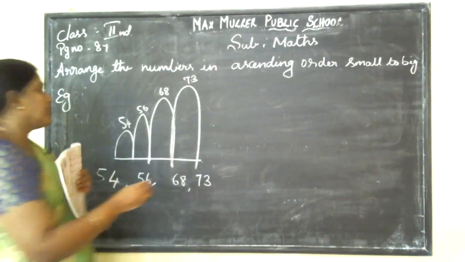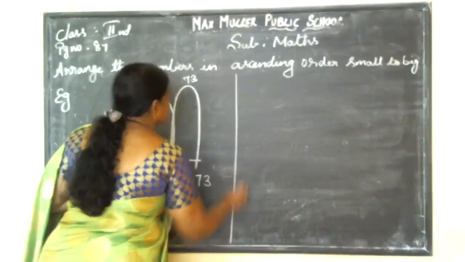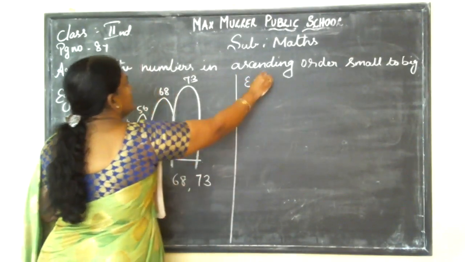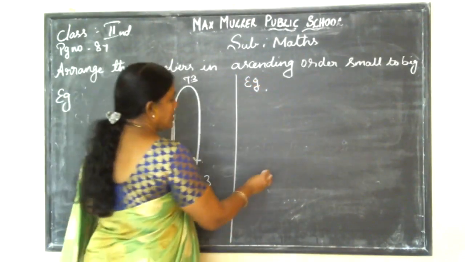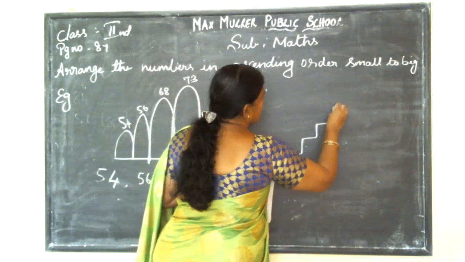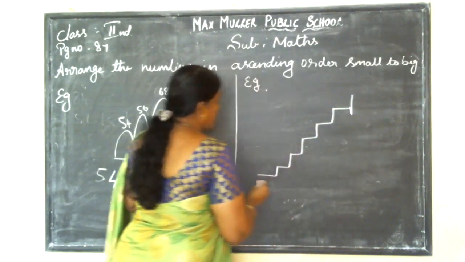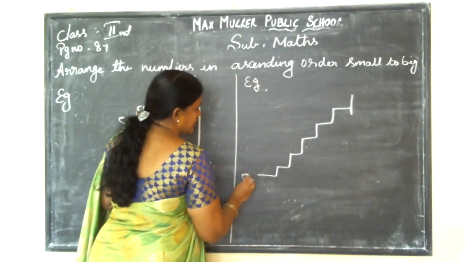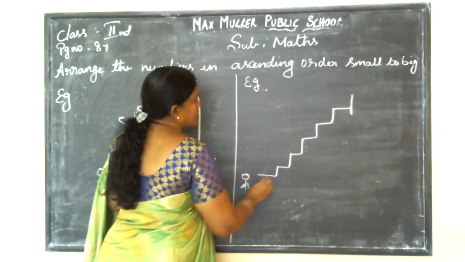Another example I will give, small to big. In the bridge course, what did I teach now? There are steps. John was standing here. He wants to climb up.